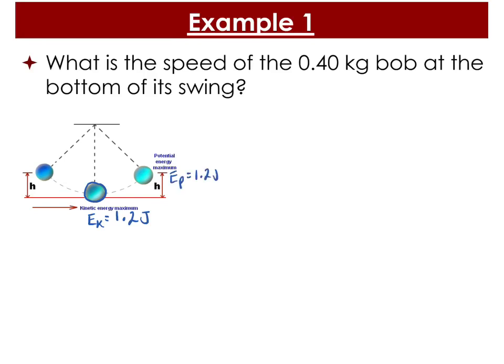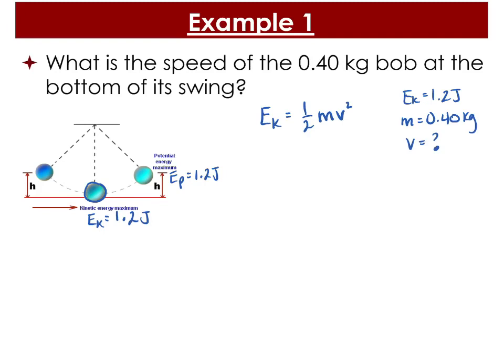Since we know it all converted itself to kinetic energy, now I can go to the kinetic energy formula, which is 1/2 mv squared. Kinetic energy here is 1.2 joules, and we also have our mass, 0.40 kilograms, and therefore we can find our velocity.